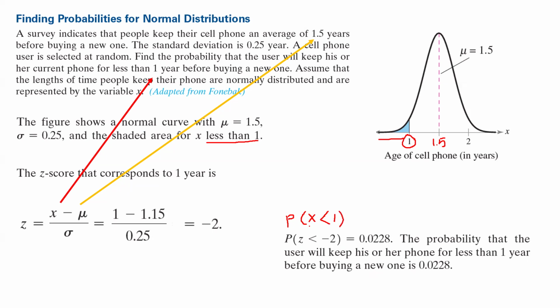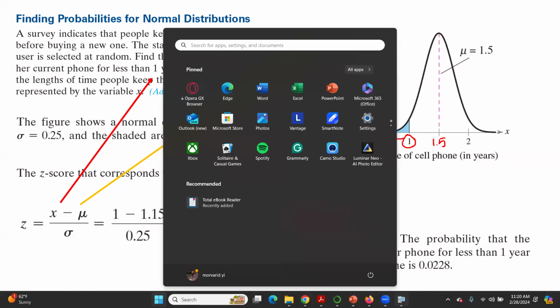It doesn't matter if you use x or if you convert it into z and find the probability. In either case, you get 0.0228 or 2.28%. The probability is very small, 2.28%. So let's take a look at our calculator.